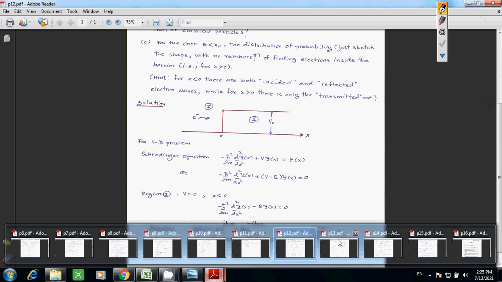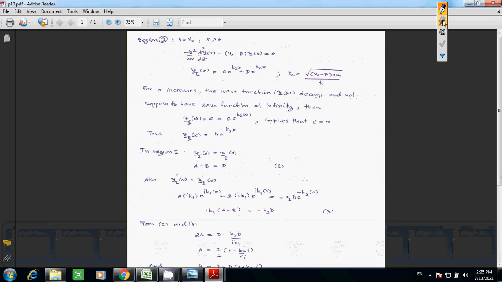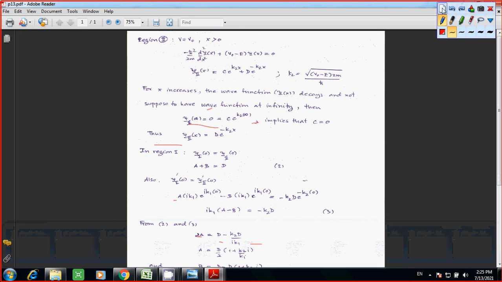Now for region 2, now V equal to V0. So you have the wave function in region 2. Because your V0 is not equal to 0, the solution is that psi 2 equals C exponential k2x plus D exponential negative k2x, where k2 equals square root of 2m(V0 minus E) over h bar.